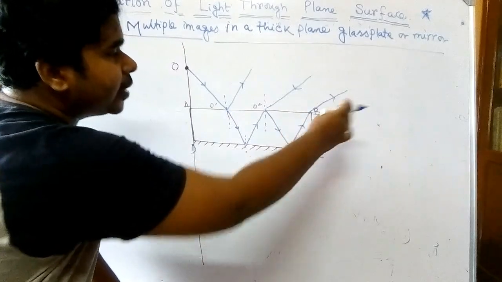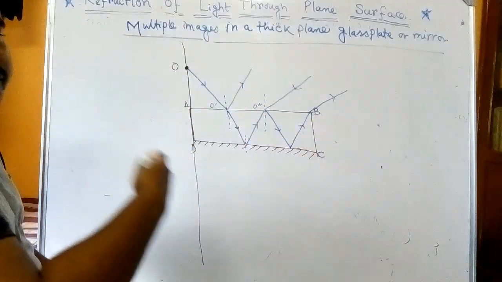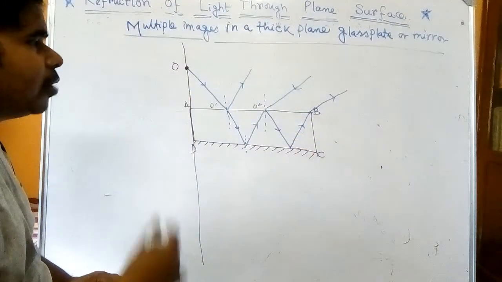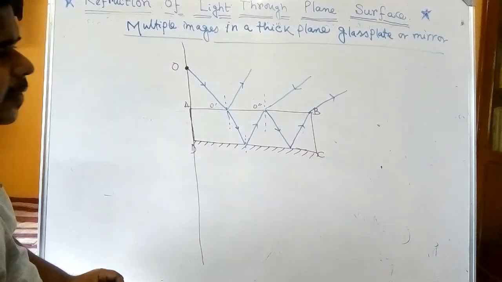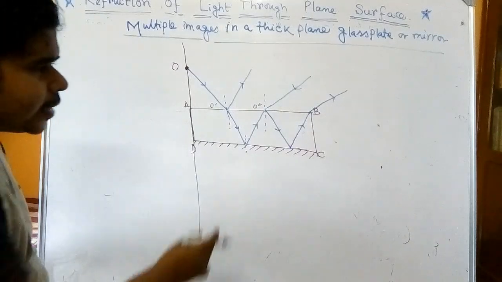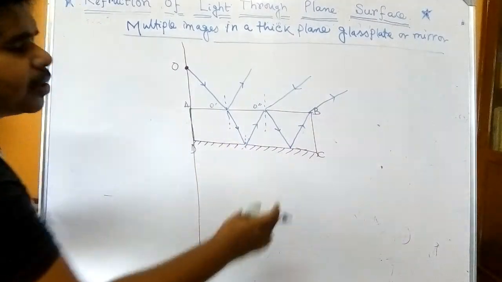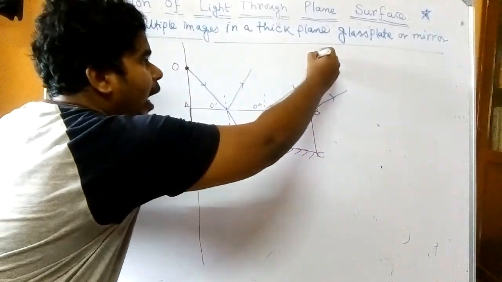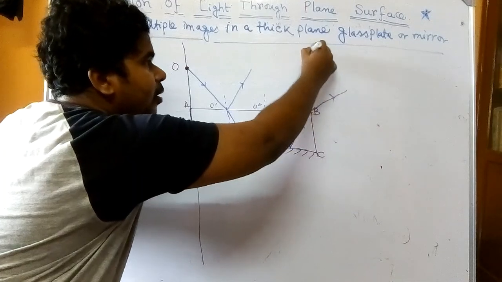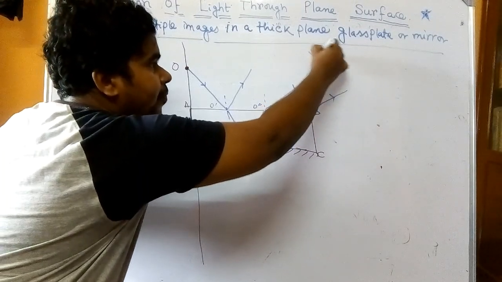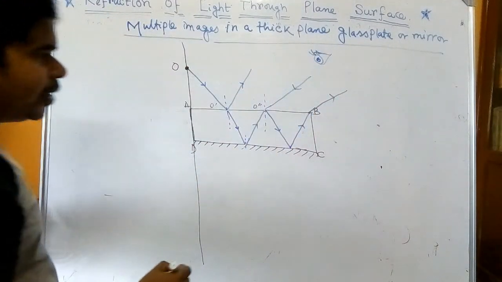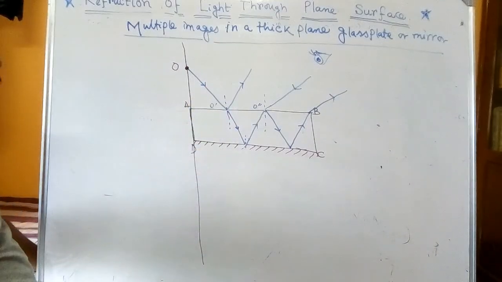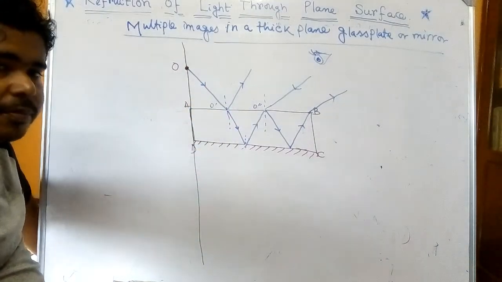If you increase the length, the reflection will increase. Now the problem is that as the light doesn't cross the CD portion, what will happen? If we look from here, we will see the light rays coming from behind the glass slab.